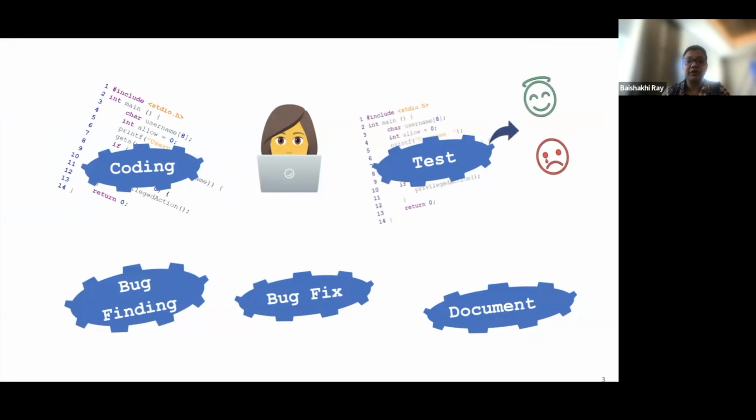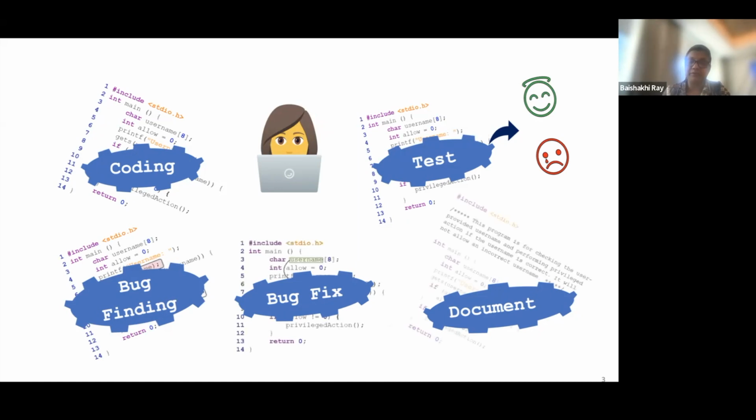who do different kinds of jobs. First of course they code to build new software. After coding, they want to test whether that software is good, meeting the specification that they want to build. If not, they try to find bugs.